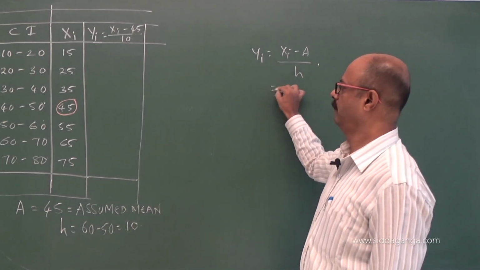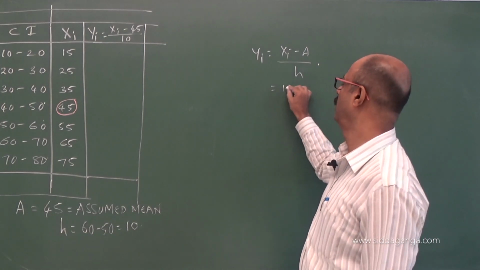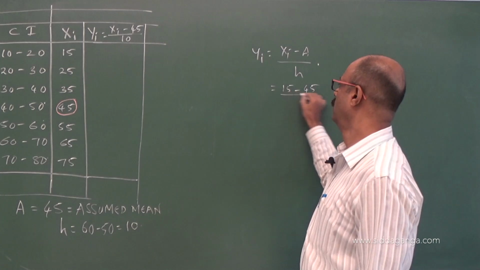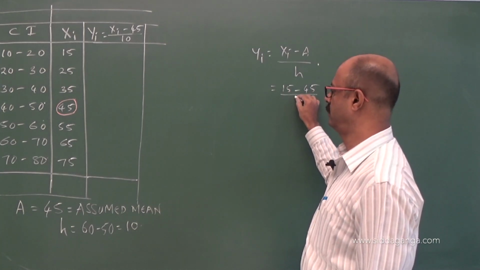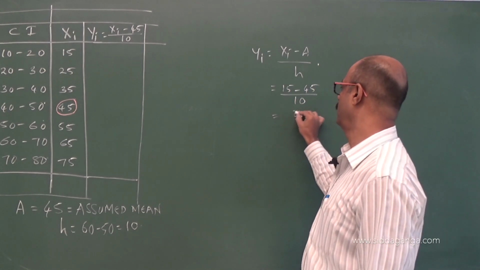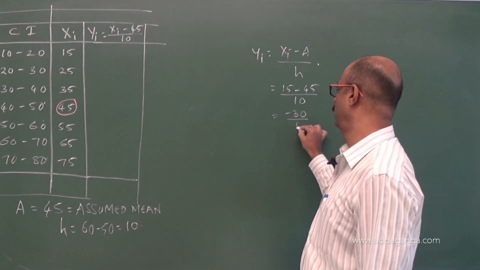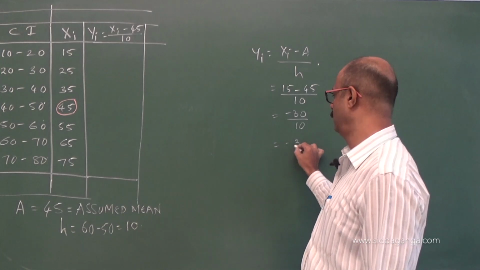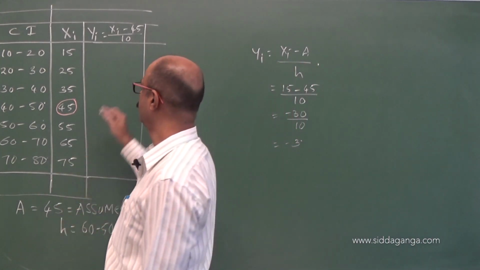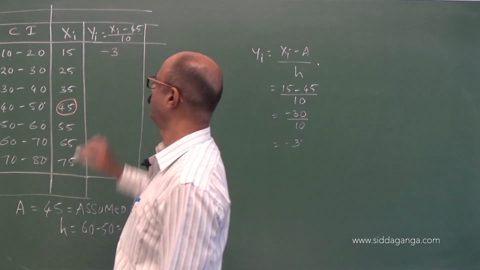So the first one, xi is 15. It is 15 minus the value of a, 45, substitute, divided by h, 10, substitute. 15 minus 45 will get minus 30, divided by 10, you will get minus 3. So we will substitute minus 3 here. This is yi.